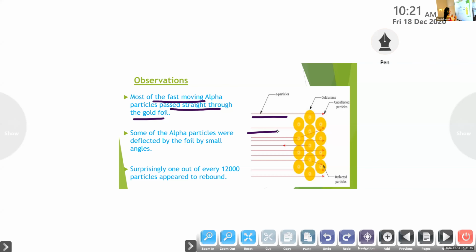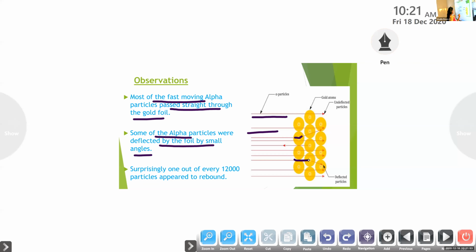And some of the alpha particles were deflected by the foil by small angles. Look at this one, here it's deviated, right? And this one is also deviated.